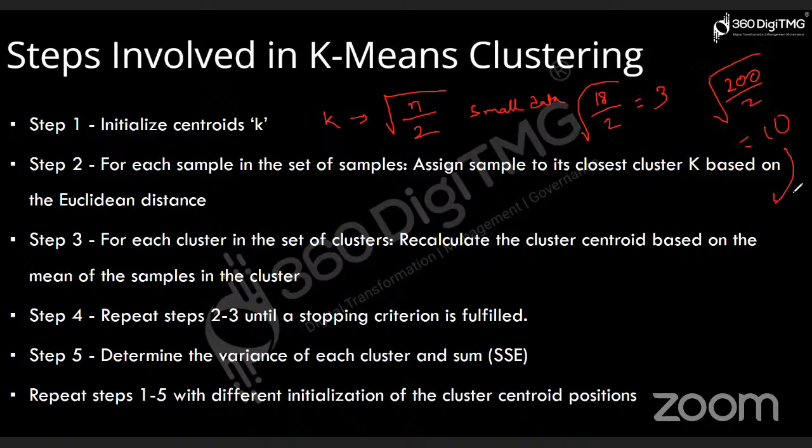So 10 clusters, it is a very large number. And we don't have just 200, we have 2 lakh records. Suppose we are having 20 lakh records. This will be how much? 1000 clusters. Do you think it is good to have this many clusters?